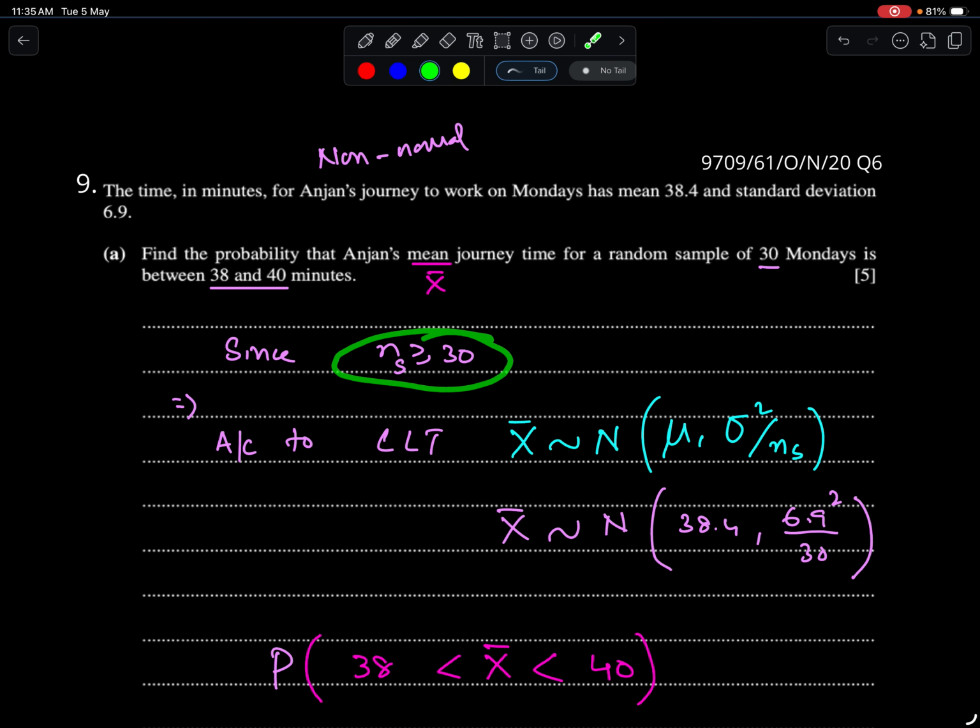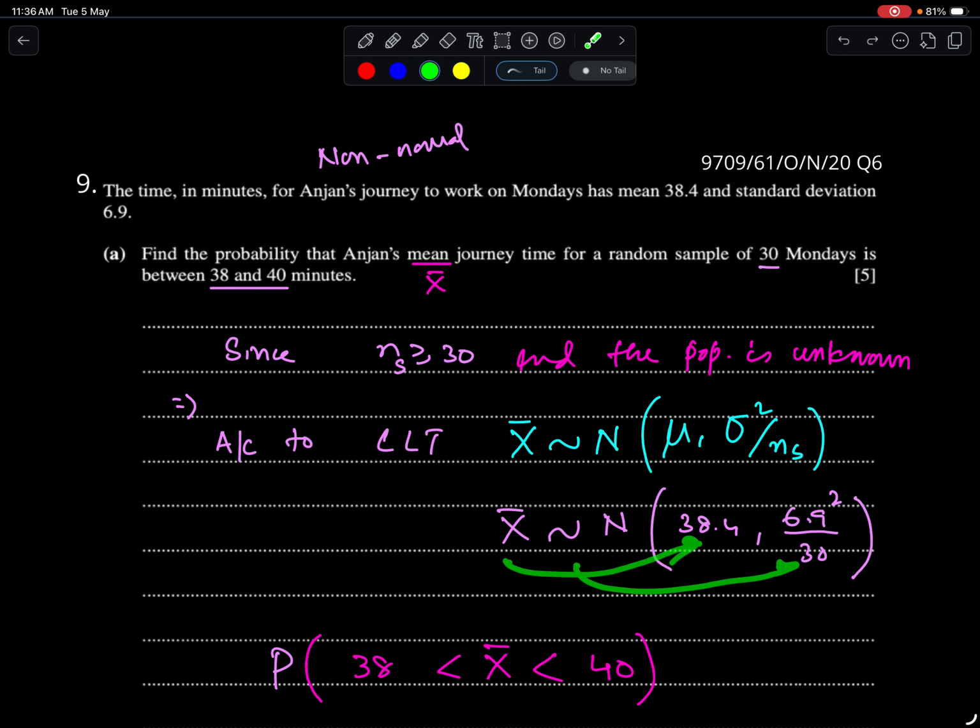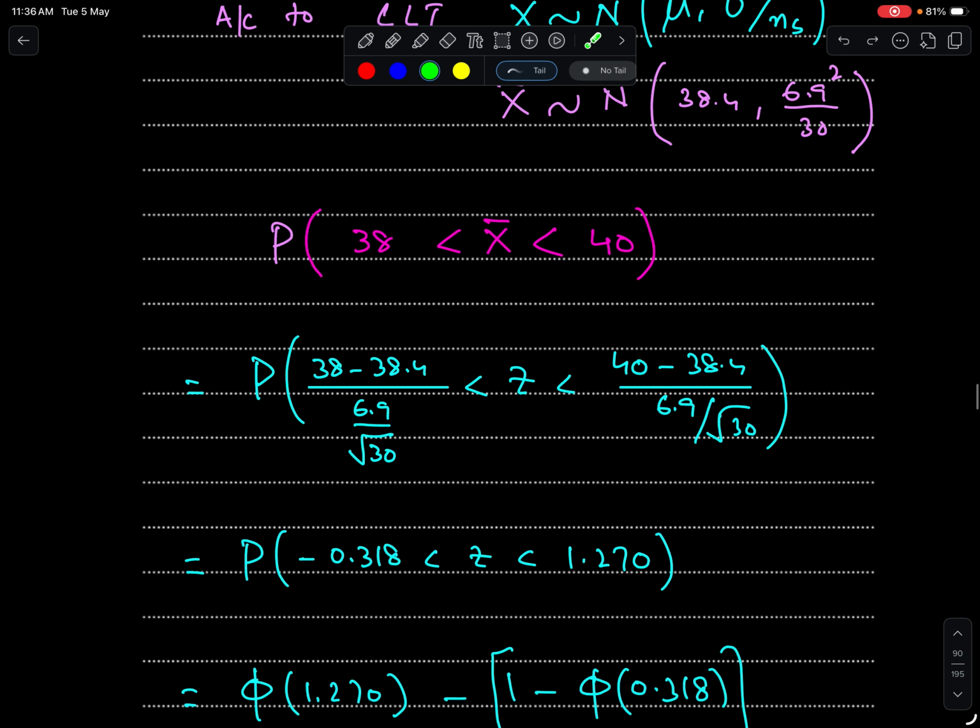Since n is greater than or equal to 30 and the population is unknown, apply CLT. So X bar is approximately normal with mean mu and variance sigma squared over n. Now easily get this. Convert this into Z. This 38.4 is here, and this square root is here.